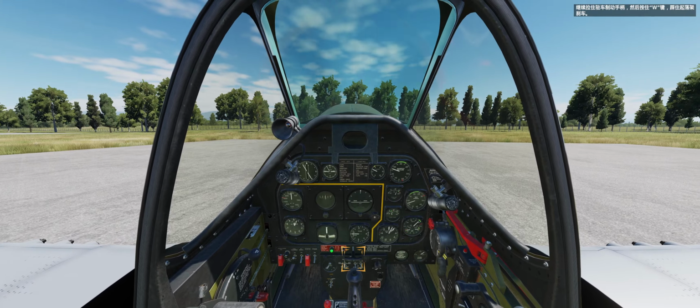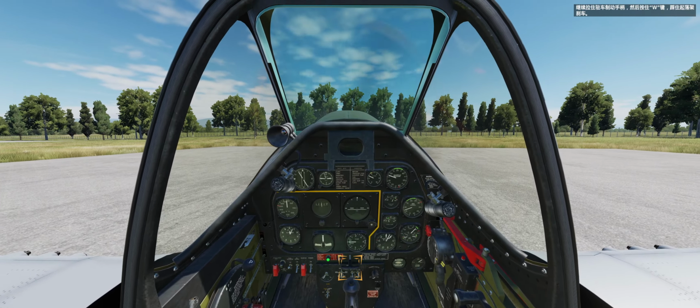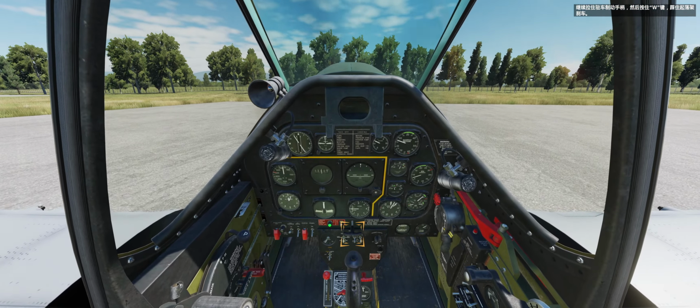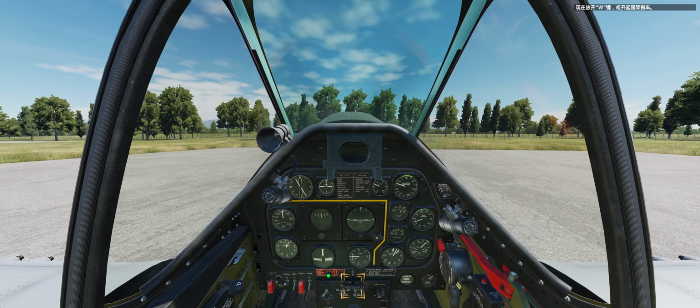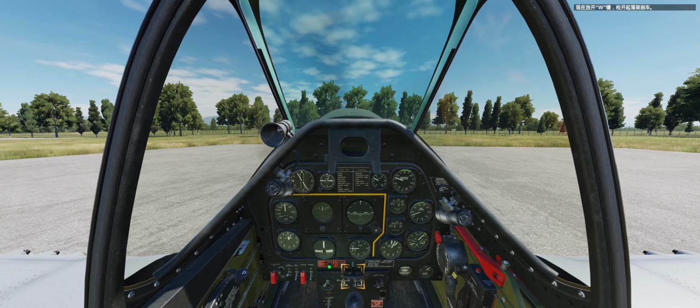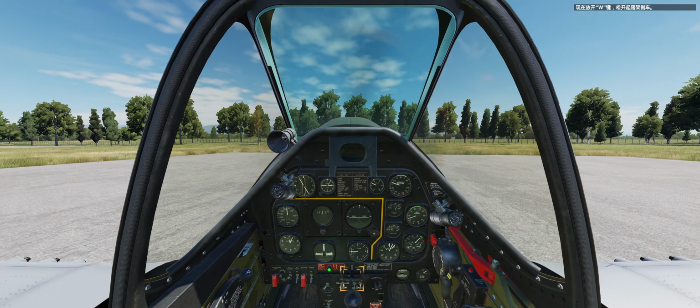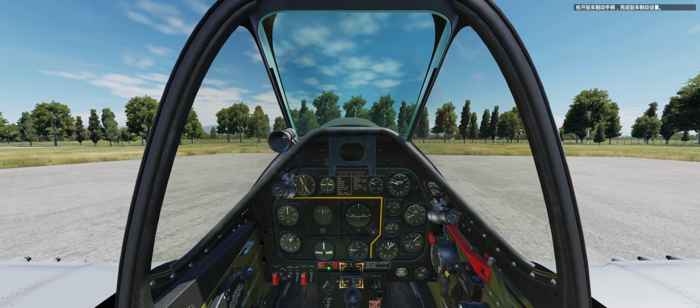Continue to hold the parking brake handle and press the wheel brakes down by holding down the W key. Now release the wheel brakes by releasing the W key. Release the parking brake handle to set the parking brake.